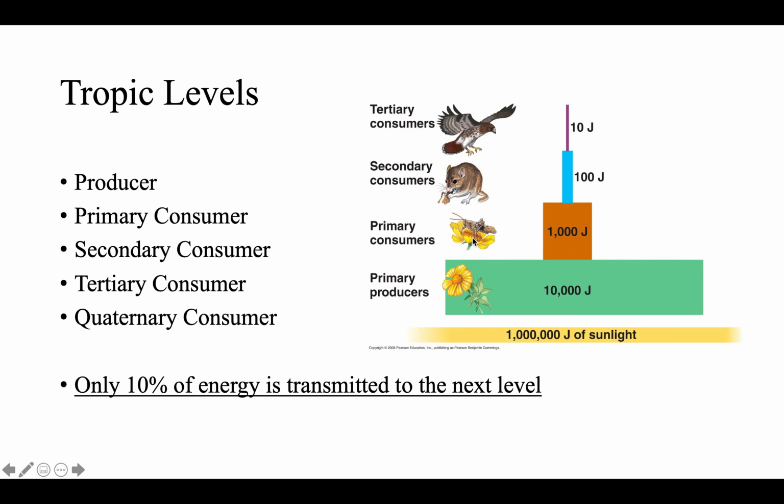And that's only powering one grasshopper. And then meanwhile, you have this little field mouse here who would have to eat a lot of grasshoppers in order to survive and reproduce. And that in tenfold represents the amount of plants that were needed to create the energy to power the mouse.